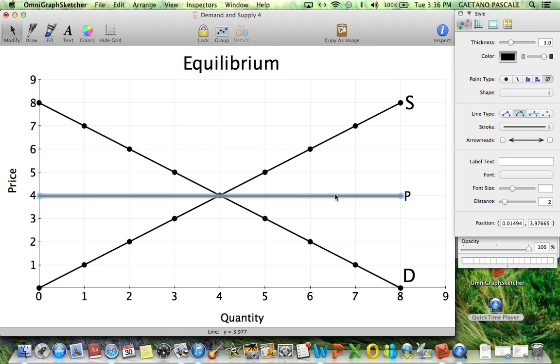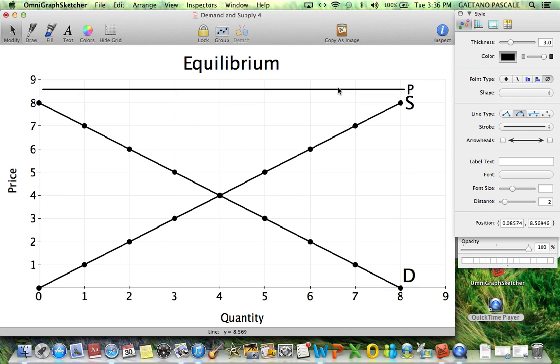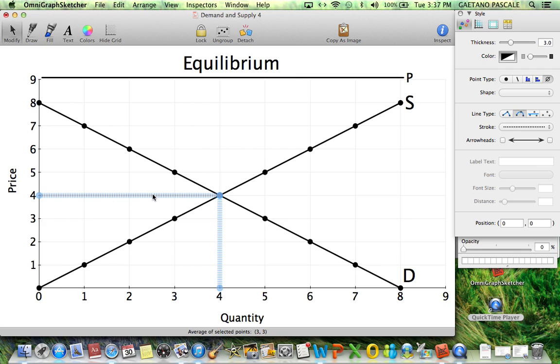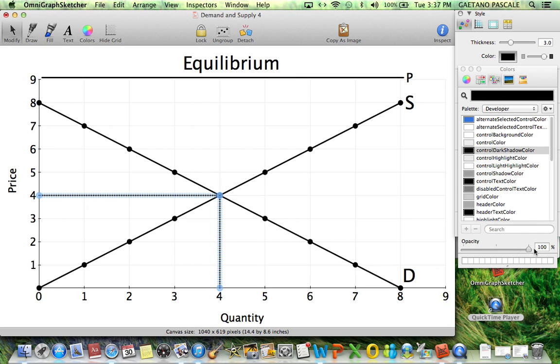The shortage no longer exists because at that price, the quantity supplied and the quantity demanded are both equal to 4. All right, so let me move that out there completely and bring this back up. So once we get to the price of 4, we see that shortage has been eliminated. That at the price of 4, companies are supplying 4 units and people want to buy 4 units.